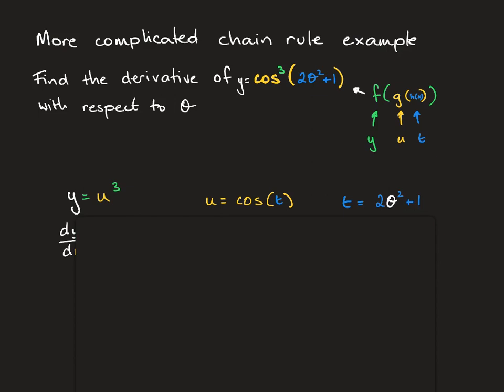So what we then do is exactly the same as what we've done with the chain rule before. We find dy du, which is 3u squared. Next we find du with respect to t, and so the derivative of cos is negative sine of t.